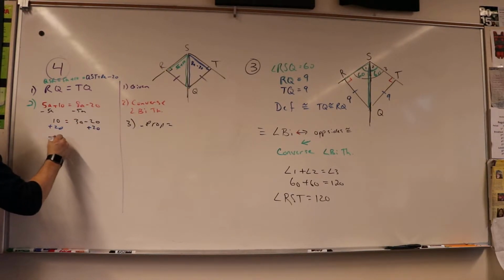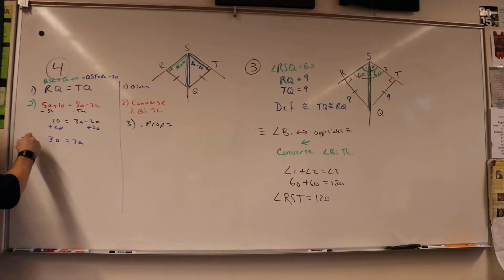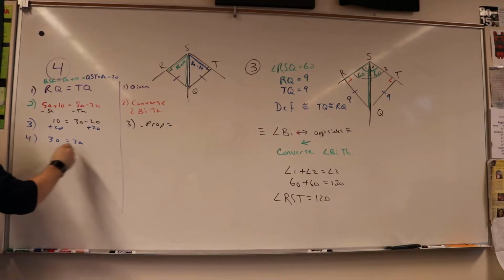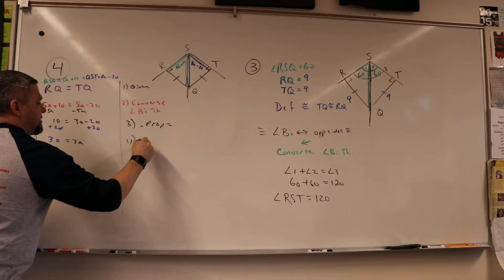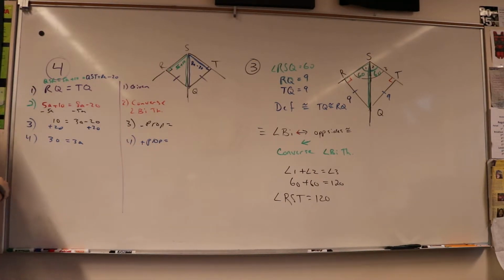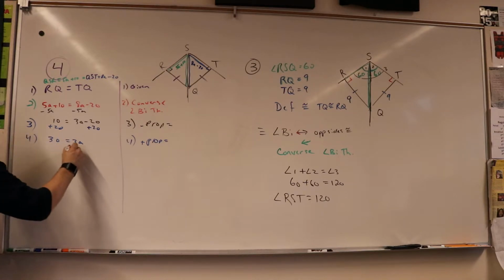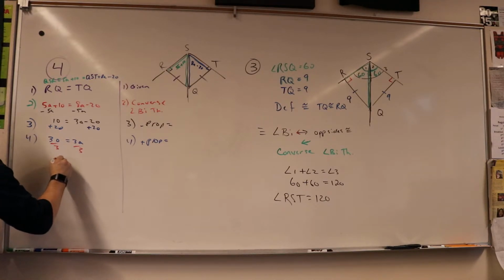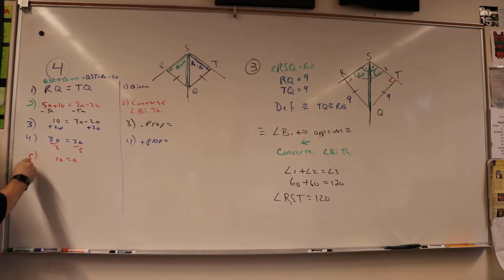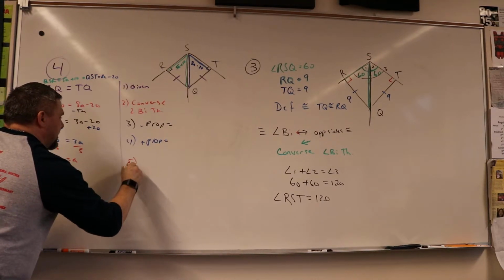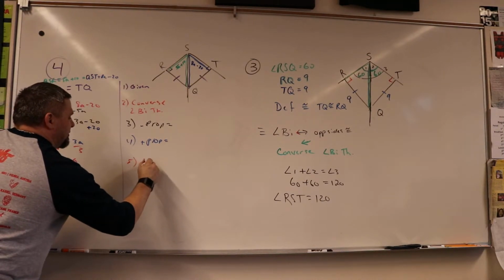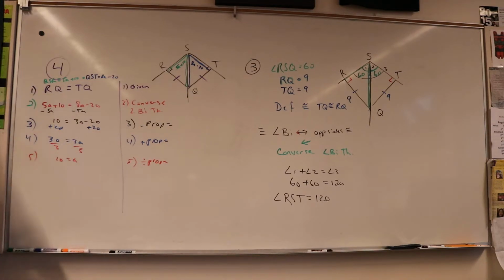So that's 30 is equal to 3A. So that's going to be 4. This is going to be 3. 4 is going to be addition property of equality. Okay, then divide by 3, divide by 3. So 10 is equal to A. Okay, we're almost done. Well, hang in there. And that's going to be division property of equality.